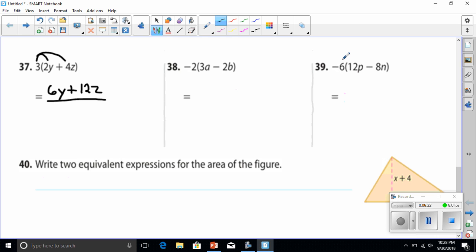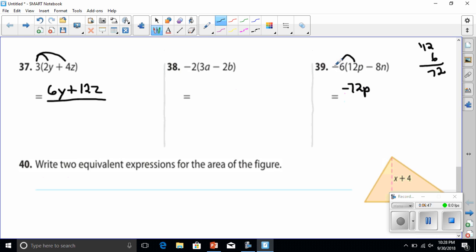39 is negative 6 times 12p. Well, I believe that's going to be 72. Let's double check. 12 times 6. That would be 2, carry the 1. Yep, it would be 72. So this would be positive times a negative is negative 72p.